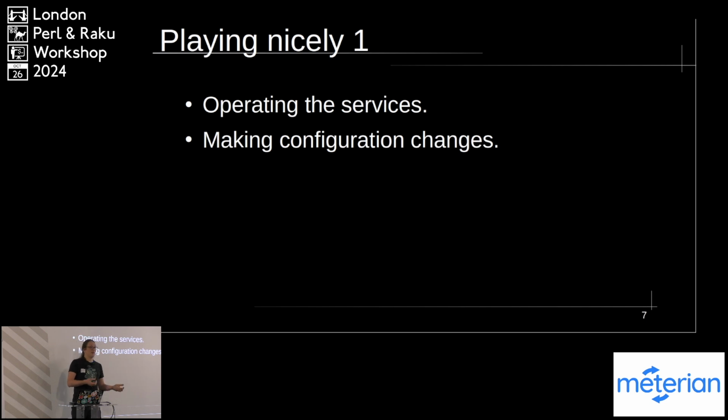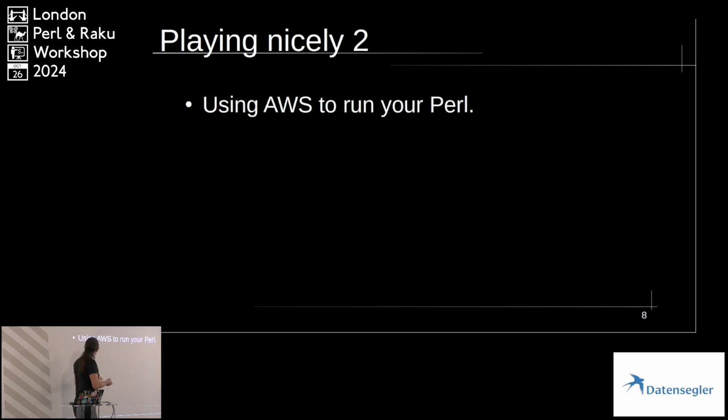So, for example, if you're storing data in their object store or inserting data into their queue services, and of course actually spinning up the services themselves. And you can do both of which in Perl. It's all very nice. The other aspect is using AWS to run your Perl without actually messing around with servers yourself, which has some advantages, and it all broadly works.